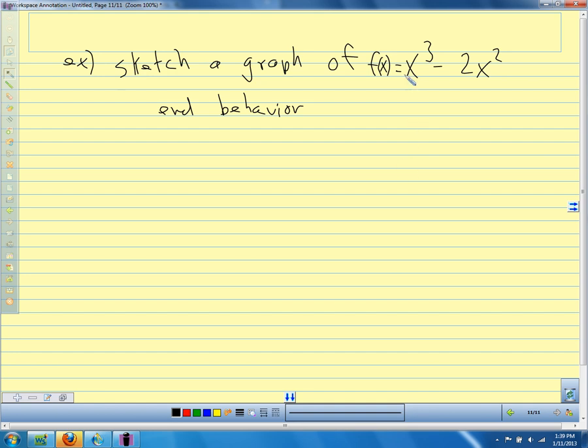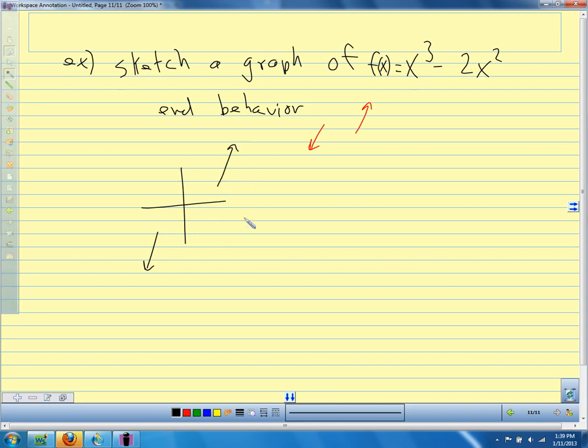The highest power is 3. The leading coefficient is positive. So the end behavior is going to be down on the left and up on the right. So if we draw our axes, we know right away that our graph eventually is going to go down this way, and eventually it's going to go up this way.